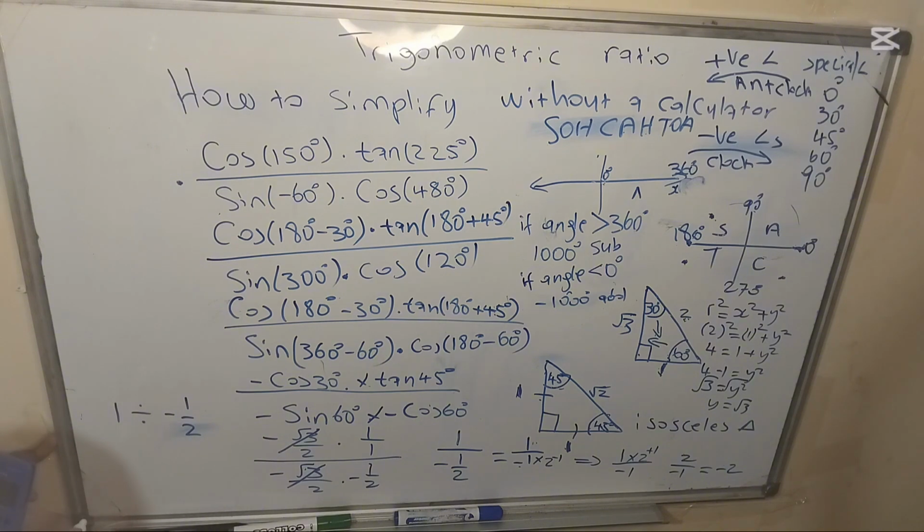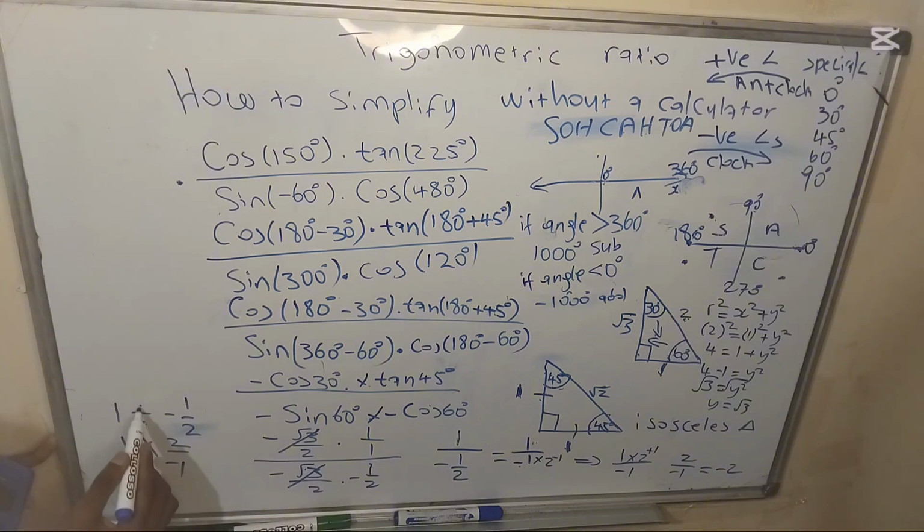This thing can be written in the form of 1, then let's use the reciprocal to change its sign. Multiply by 2 divided by negative 1. We have applied the reciprocal.